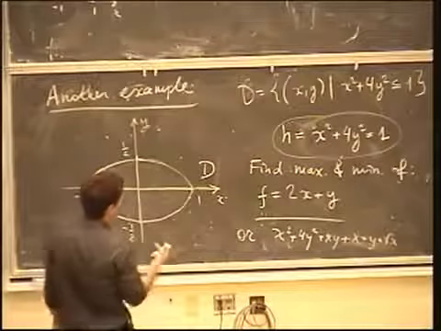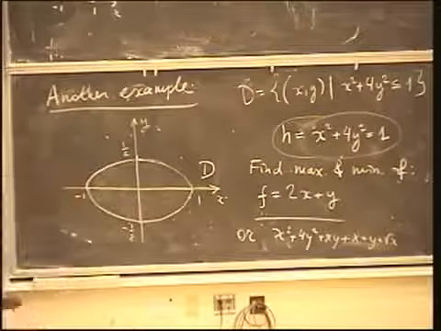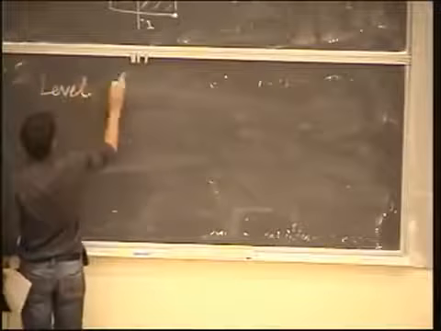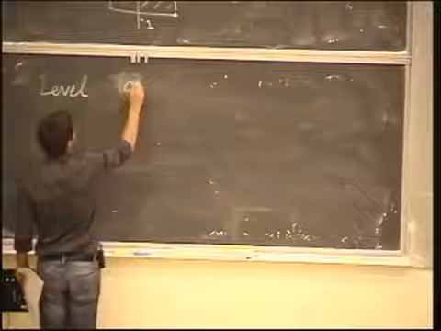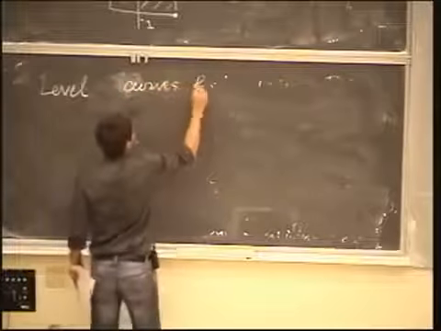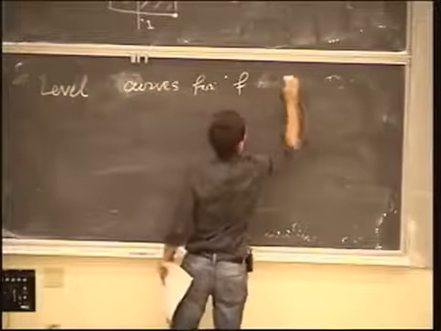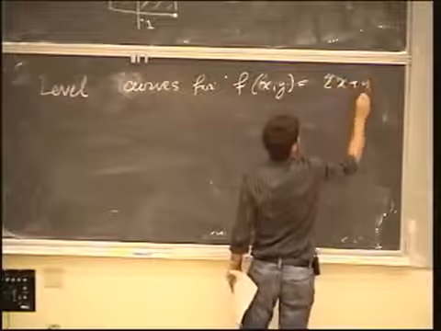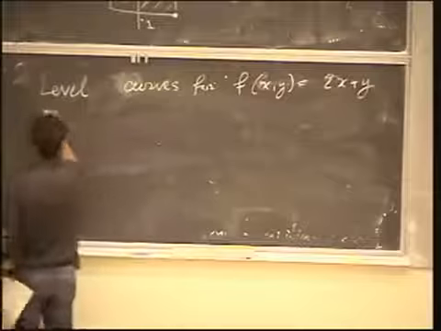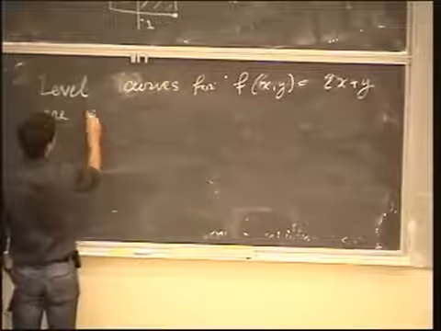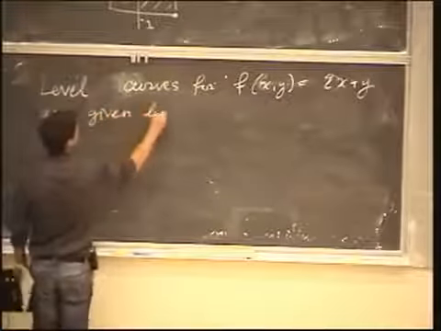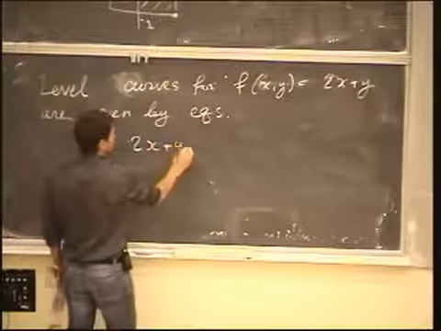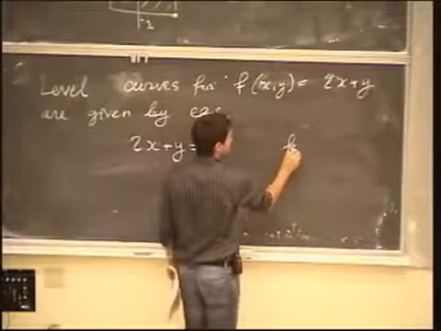So what do these level curves look like? So the level curves for f of x, y equals 2x plus y are given by equations 2x plus y equals k, where k is some number.